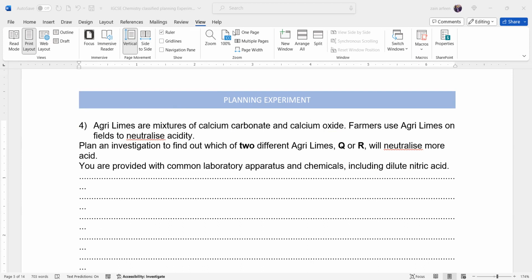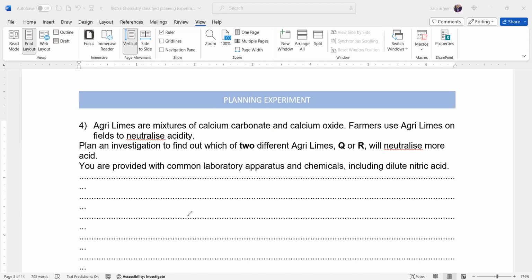But when acid reacts with a metal oxide like calcium oxide, you don't observe any bubbles. If it was only calcium carbonate present, then we wouldn't need an indicator. But because it also contains calcium oxide, we need an indicator as well. So how can it be done?